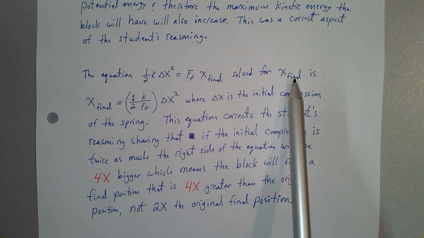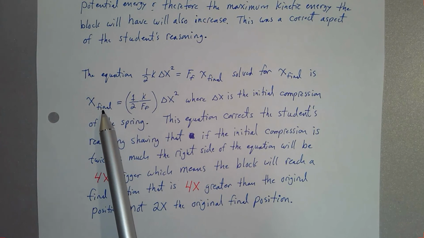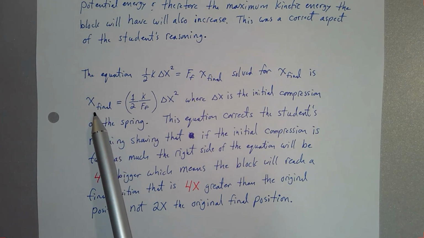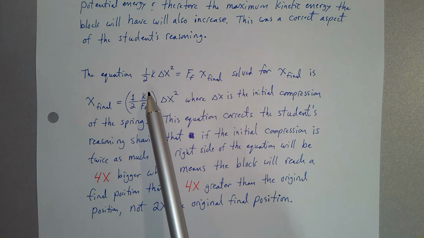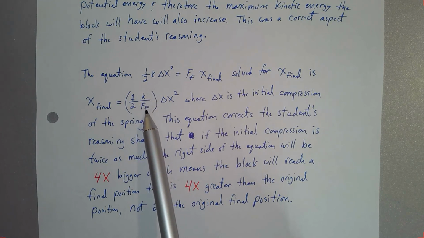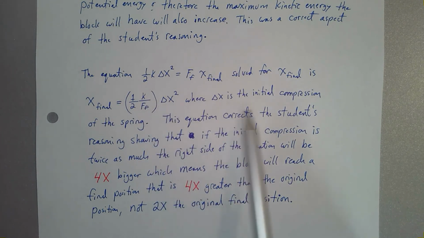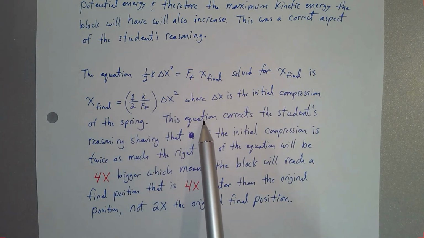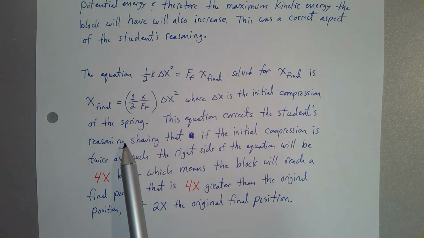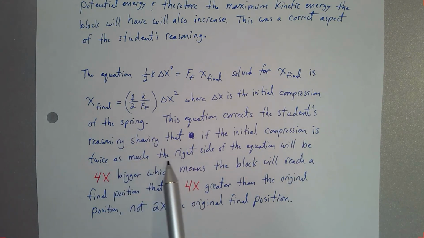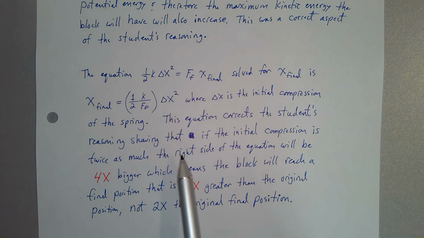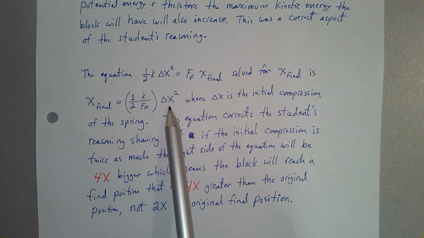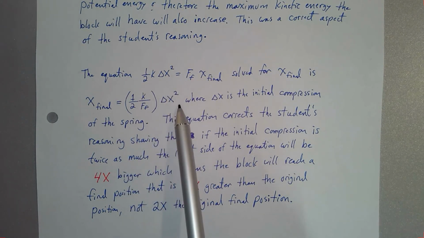Solved for the final position, which we had in the previous part, the final position is equal to 1/2 times the ratio of k divided by the frictional force times delta x squared, where delta x is the initial compression of the spring. This equation corrects the student's reasoning, showing that if the initial compression is twice as much, this guy is twice as big, that means the right side of the equation will be 4 times bigger, because if you're squaring something 2 times bigger, that's going to be 4 times larger.